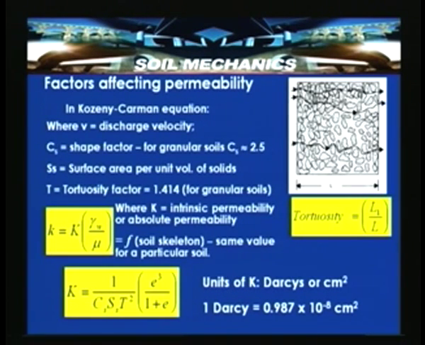The K indicated in this equation is nothing but 1 by Cs, Ss, T square, and e cube by 1 plus e. The units for K are indicated as Darcy's. 1 Darcy is equal to 0.987 into 10 to the power of minus 8 centimeter square. So, the absolute permeability units are centimeter square or Darcy's.